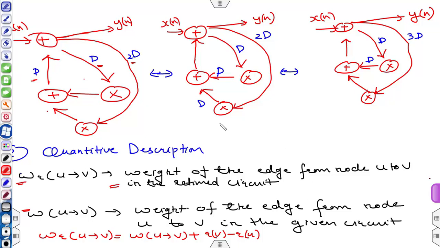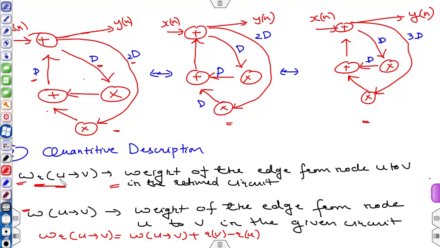So in the retimed circuit, as already mentioned, the only difference is that the weight of the edges is changed, and this weight represents the number of delay elements. Retiming can be done by altering the delay elements. So correspondingly we have to calculate the modified weight that will represent the delay elements between the computational units.